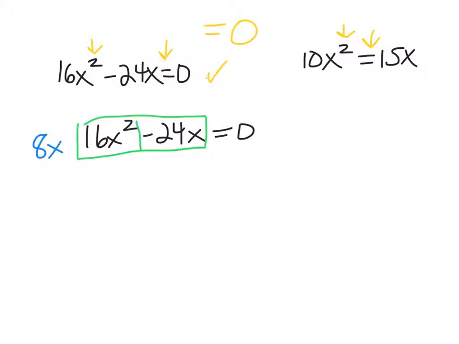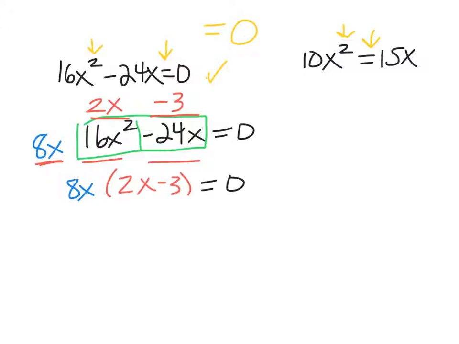Then I say, what do I multiply to 8x to get 16x squared? That would be 2x. What do I multiply to 8x to get negative 24x? Would be negative 3. Write it as a product. So 8x times 2x minus 3 equals 0.